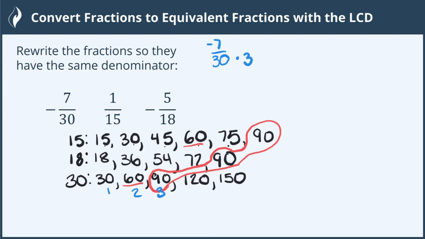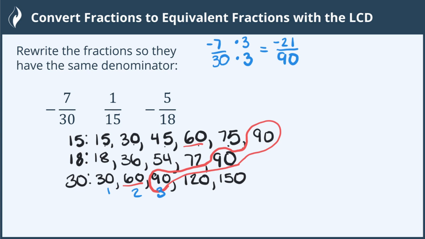And whenever I multiply the denominator, I also need to multiply the numerator so that it keeps its value. So 3 times 30 does give me 90 on the denominator, and then I have to multiply the numerator. Negative 7 times 3 gives me negative 21. And that has now been rewritten as, or converted to, the fraction with the least common denominator.